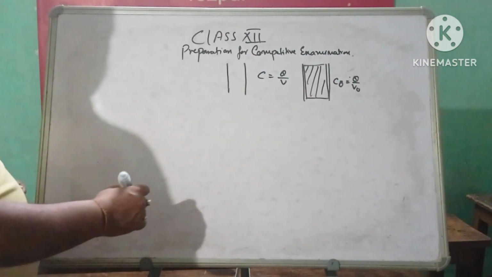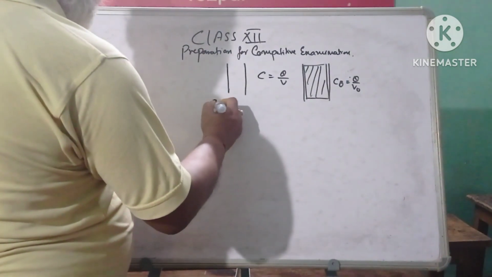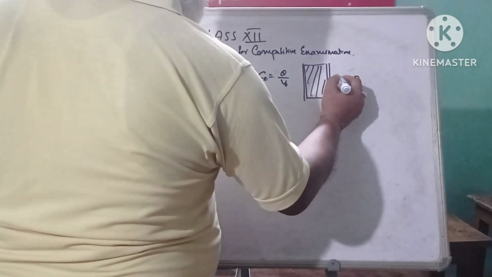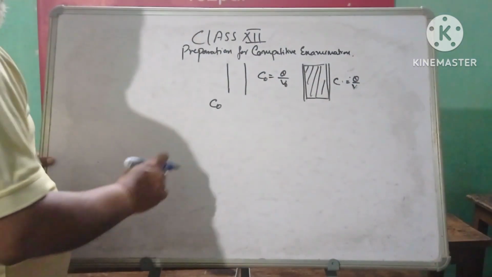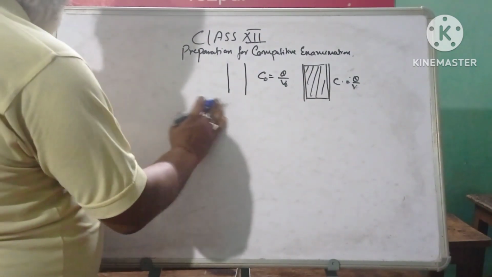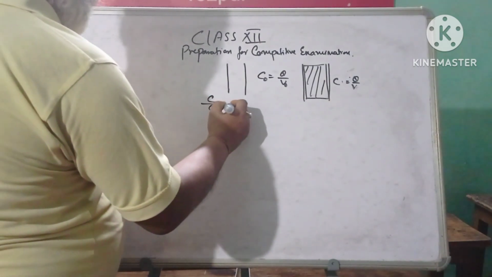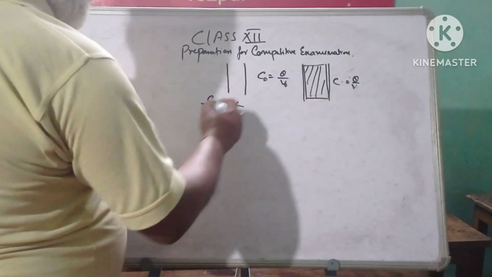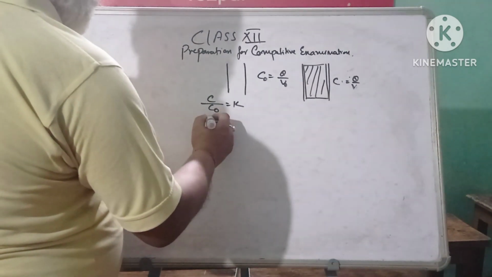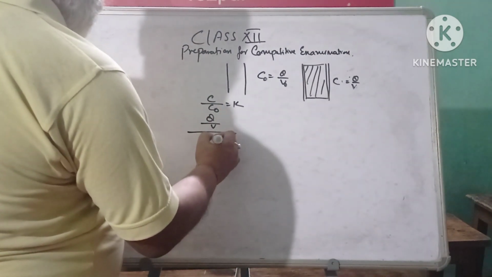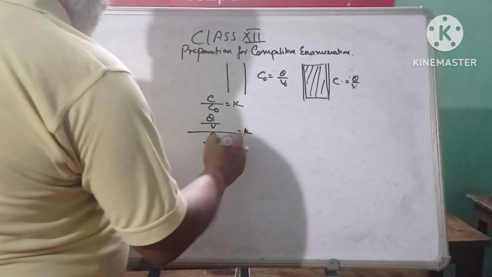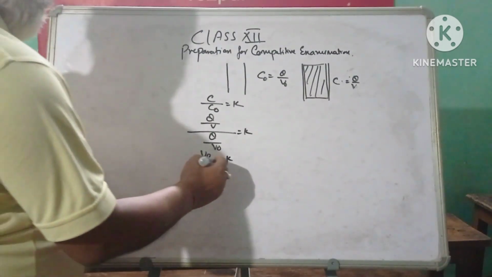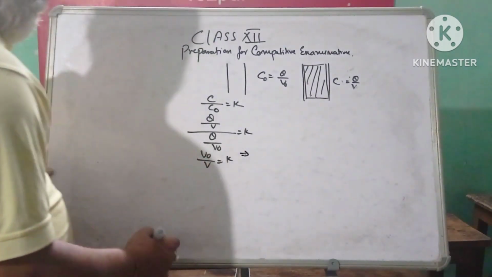Now let us take initially C naught, V naught, and final this is V. You know that C by C naught is equal to the dielectric constant K. Now here you place this value: C is Q by V, and C naught is Q by V naught, so the ratio is equal to K. So V naught by V is equal to K. What do we get as the result?